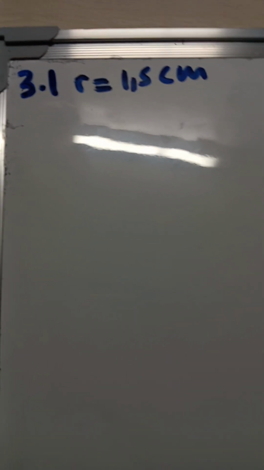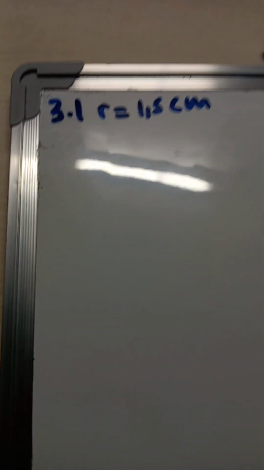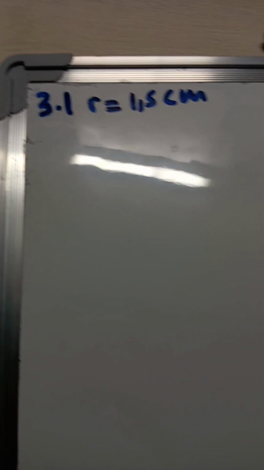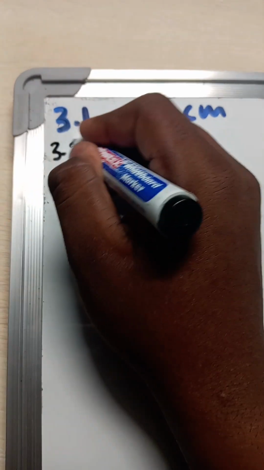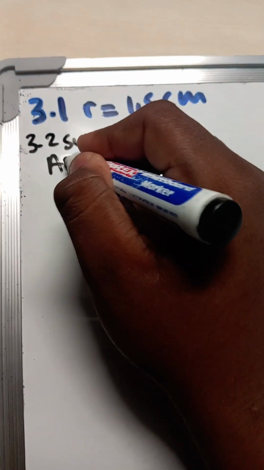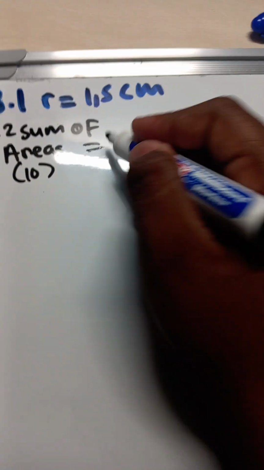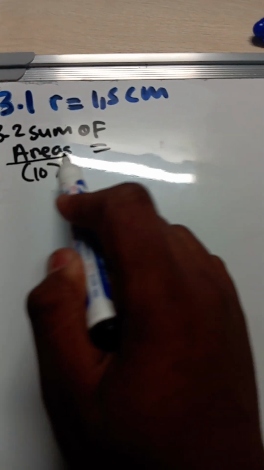Since I have that information, I'm going to consider the sum of areas of the first 10 circles. This is what they wanted, right? So it is just the sum of areas. Basically they want the sum of areas of the first 10 circles. So now what is the area of a circle?